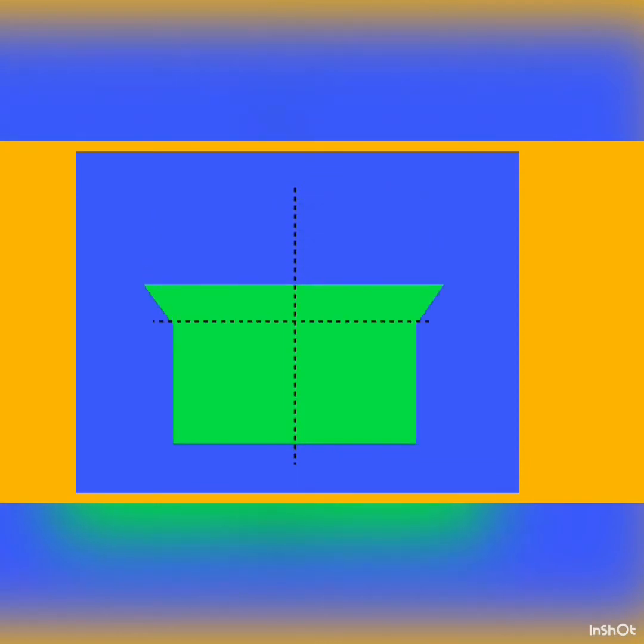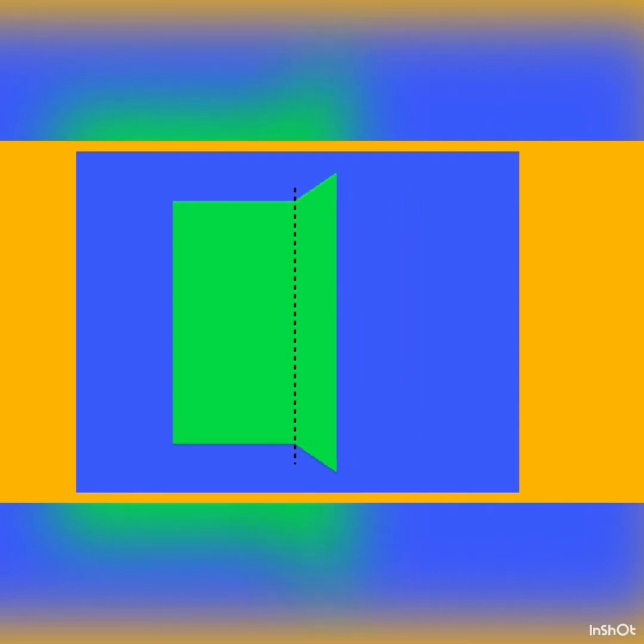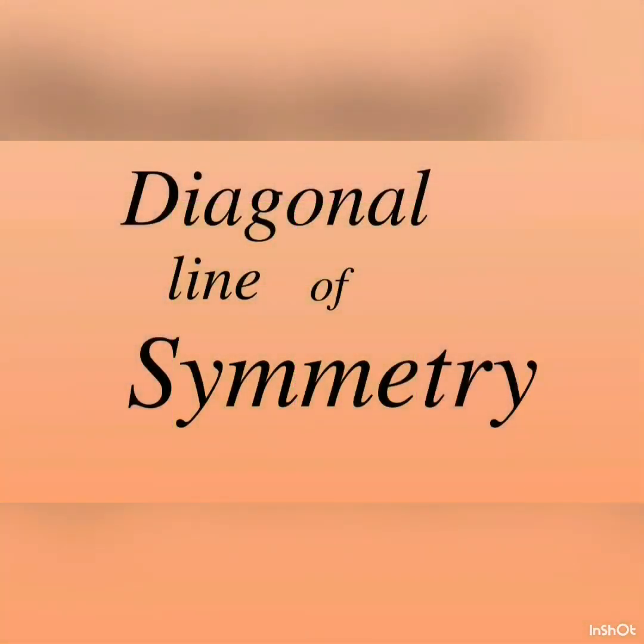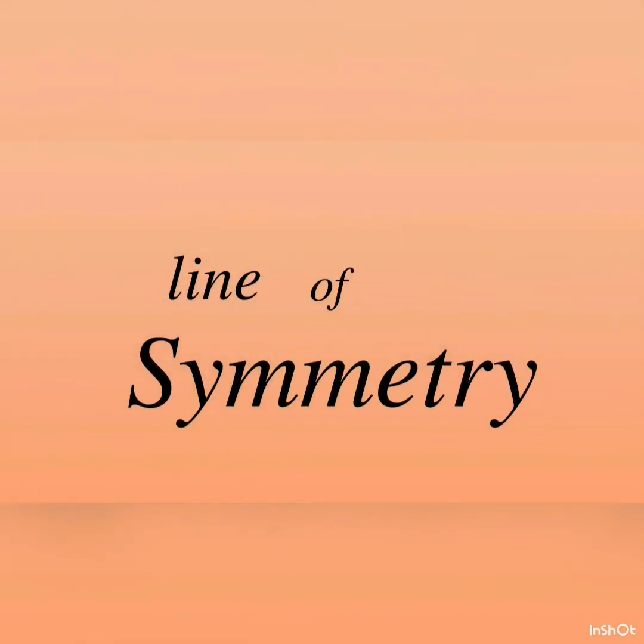You can see here a square. In this figure, the square has both vertical and horizontal line of symmetry. Apart from this, we have one more type of line of symmetry, that is diagonal line of symmetry. In some figures, after folding along its diagonal, we will get again a symmetrical figure.